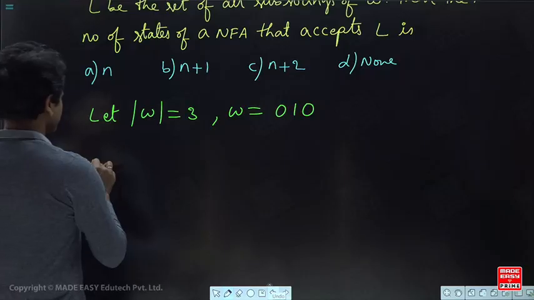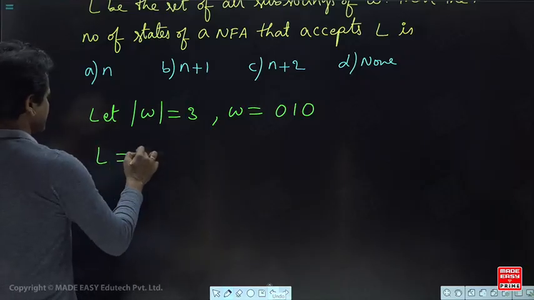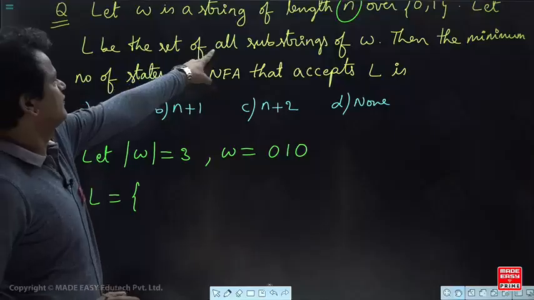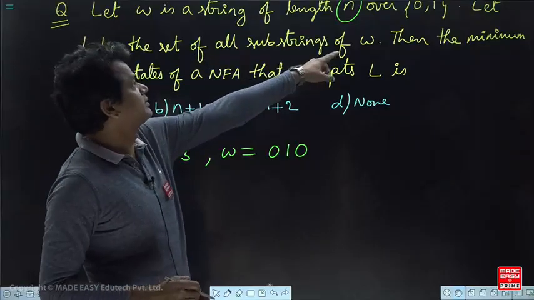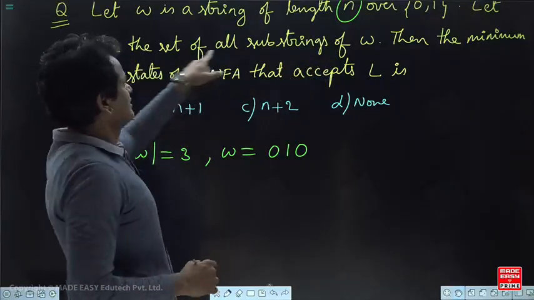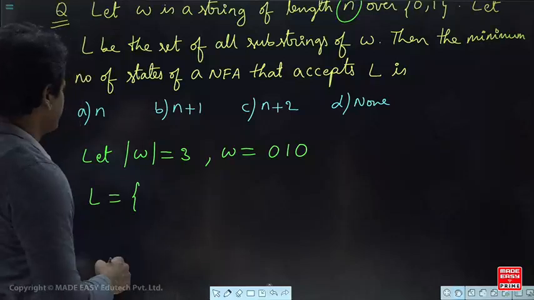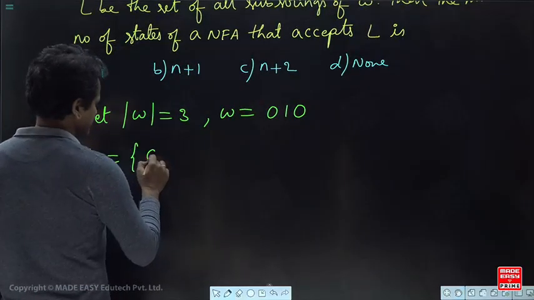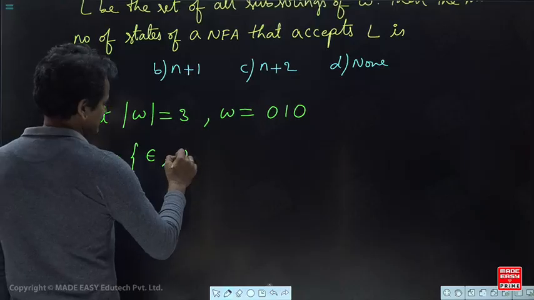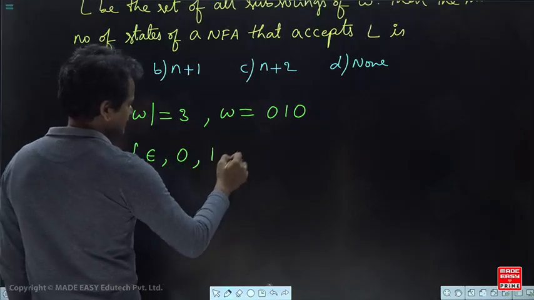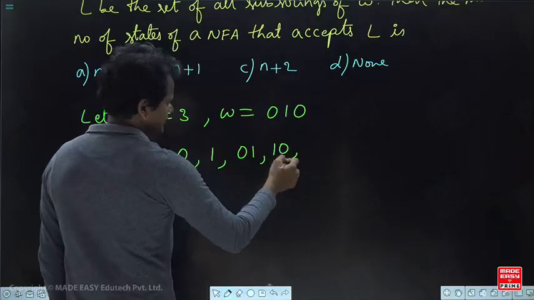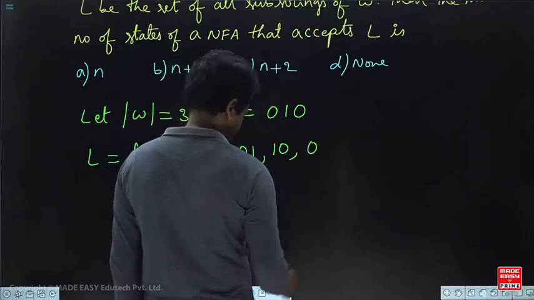What is the L here? L is the set of all substrings of W. What are the substrings of 0, 1, 0? Epsilon, 0, 1, 0, 1, 1, 0, 0, 0.